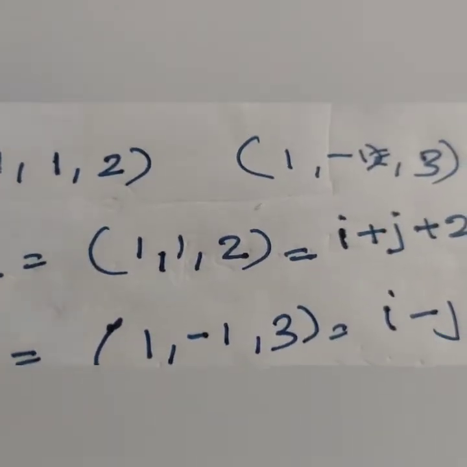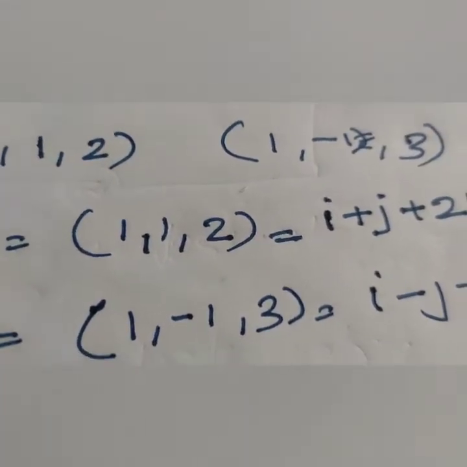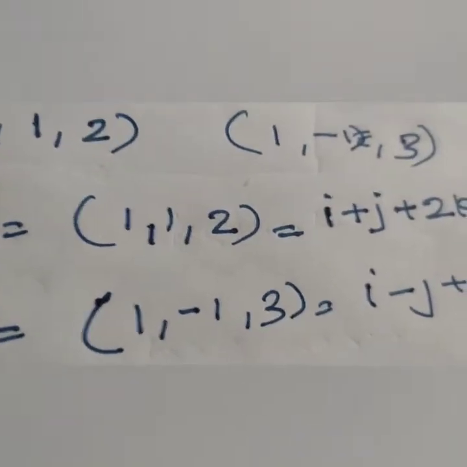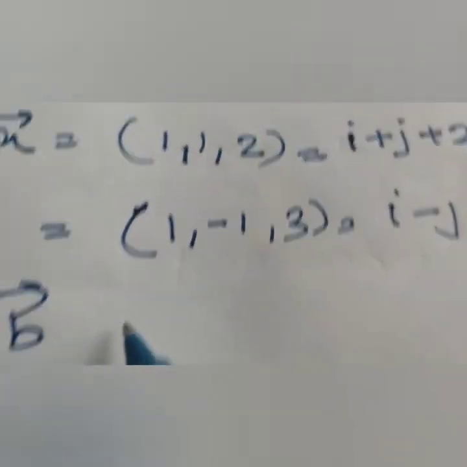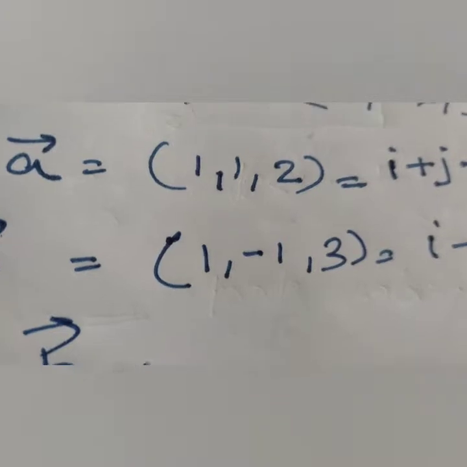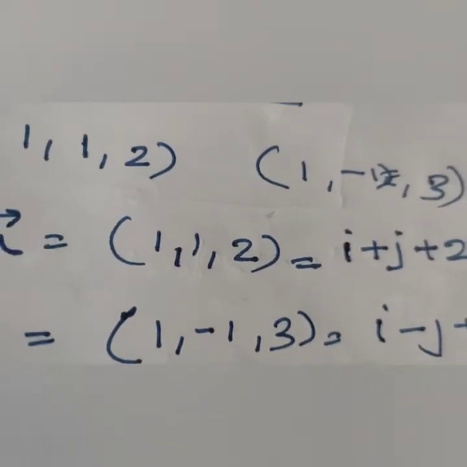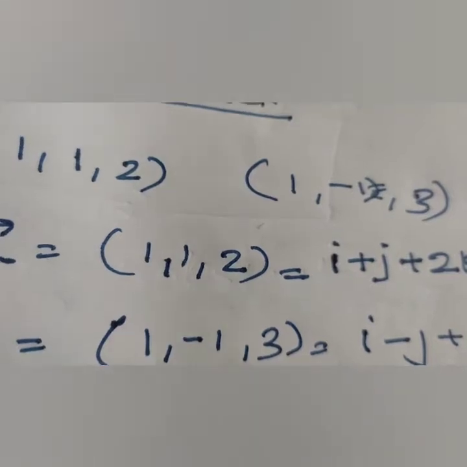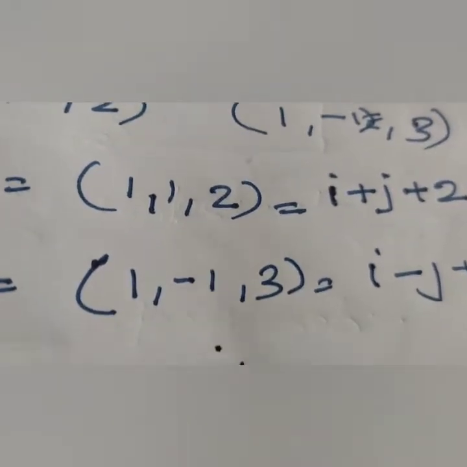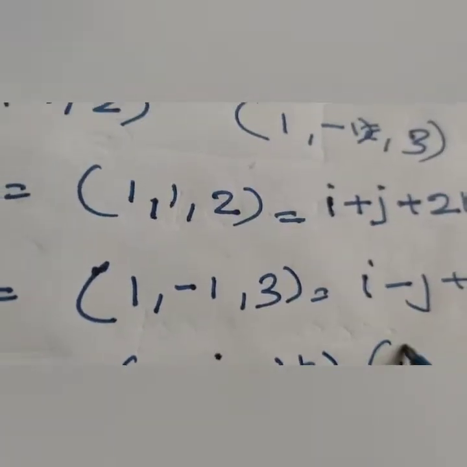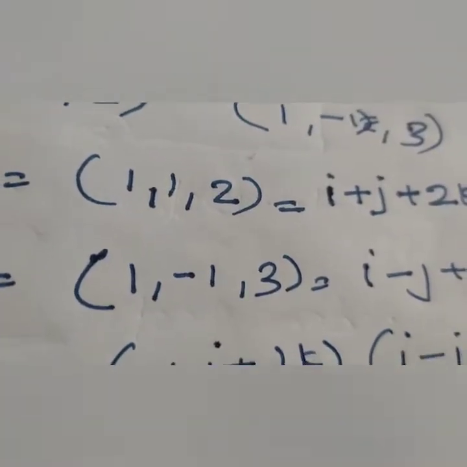Now let us take A dot B. What is A dot B? A dot B is I plus J plus 2K dotted with I minus J plus 3K.